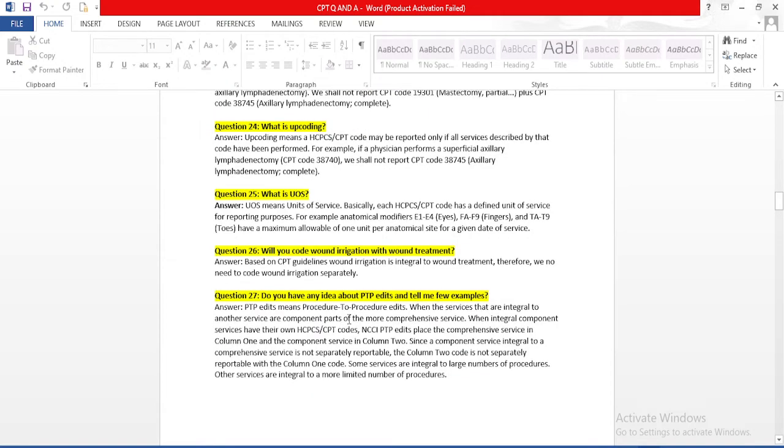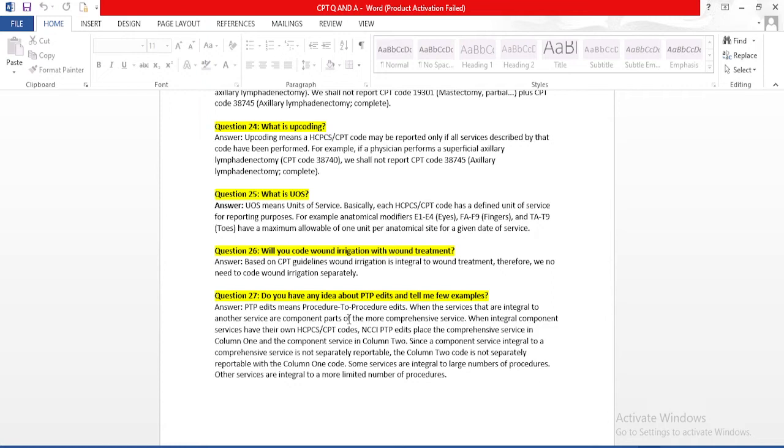Next one, what is upcoding? Upcoding means a CPT code may be reported only if all services described by that code have been performed. For example, if the physician performs superficial axillary lymphadenectomy, we shall not report the CPT code for complete axillary lymphadenectomy.